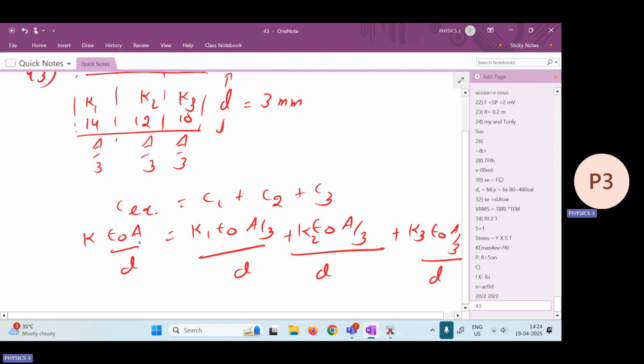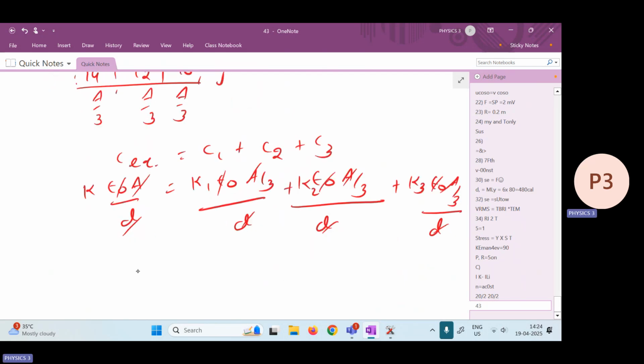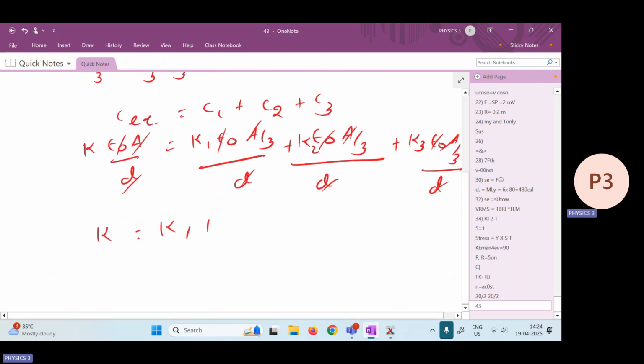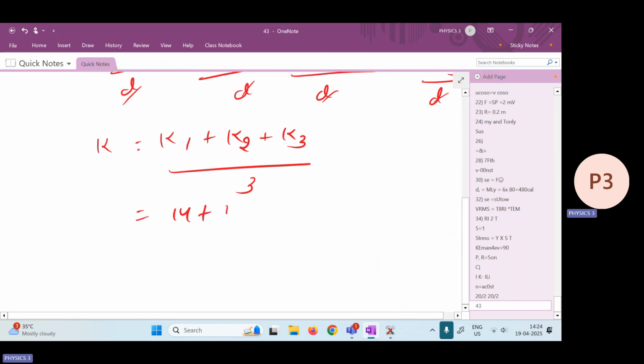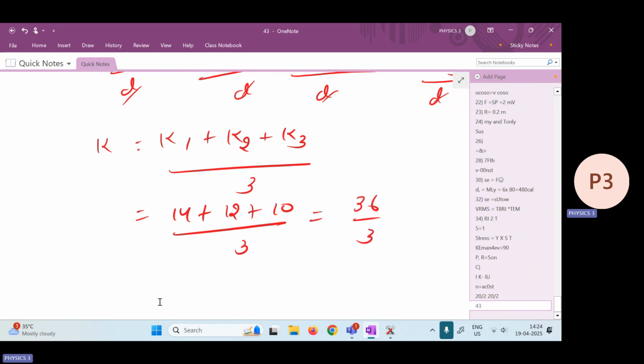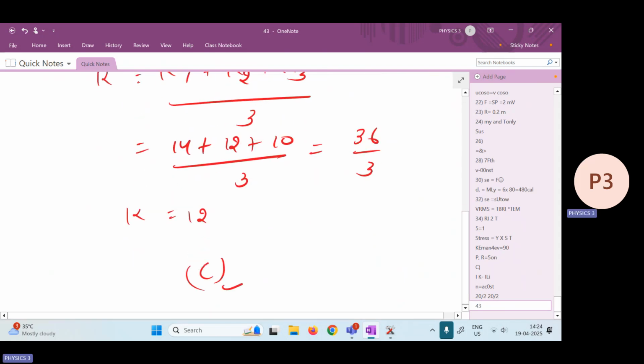So this common factor cancels out in all of them. So K will be K1 plus K2 plus K3 by 3, that is 14 plus 12 plus 10 by 3. So that will be 36 by 3, so K will be 12. So the C option is absolutely true in this situation.